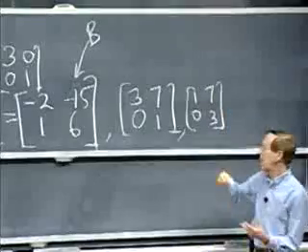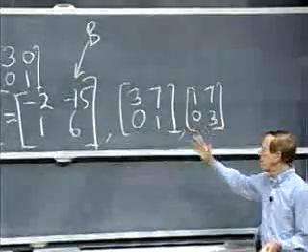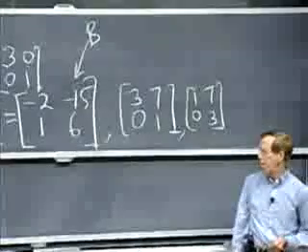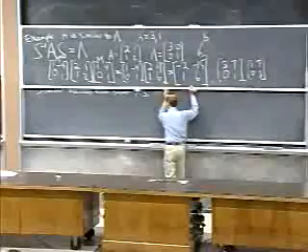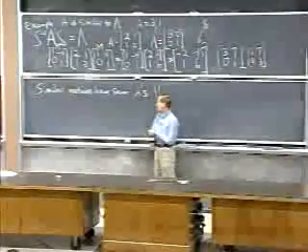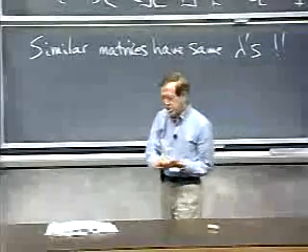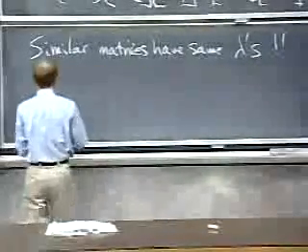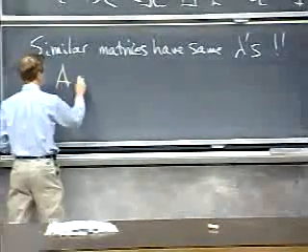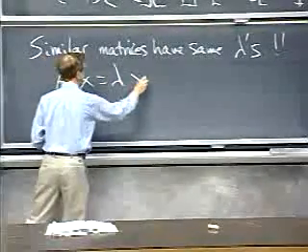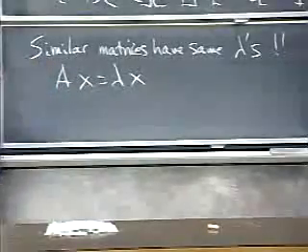There's some matrix M so that M inverse AM comes out to be that. There's a whole family here. And they all share the same eigenvalues. So why is that? Okay. The only possibility is to start with A x equal lambda x. Okay, so suppose A has the eigenvalue lambda.